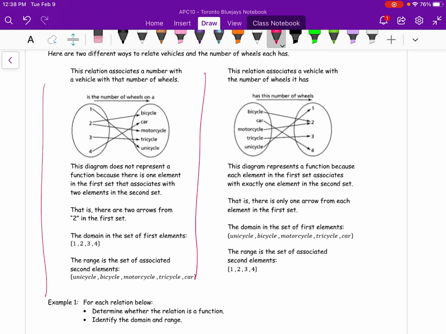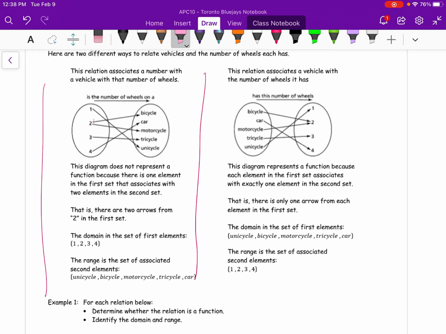This relation associates a number with a vehicle with that number of wheels. For the number 1, I can identify that a unicycle has exactly one wheel.